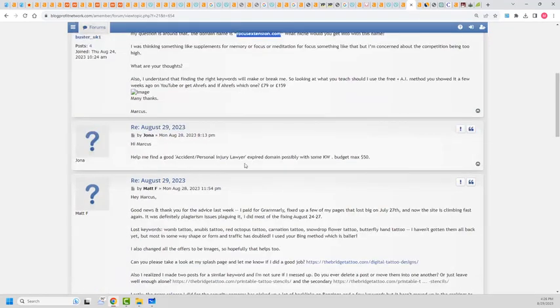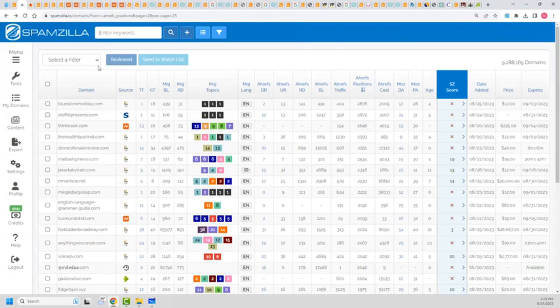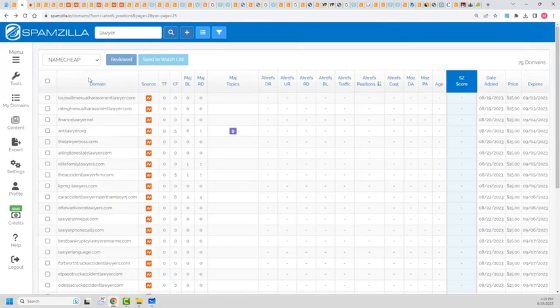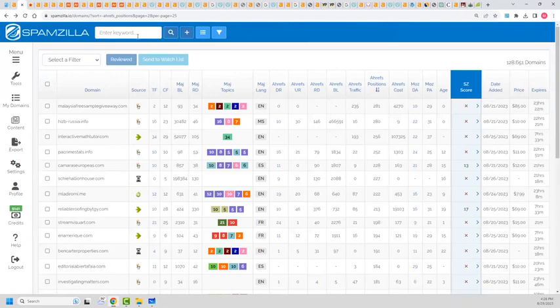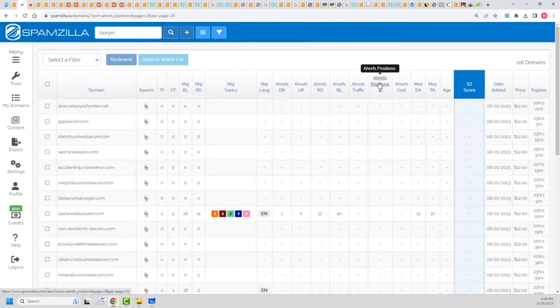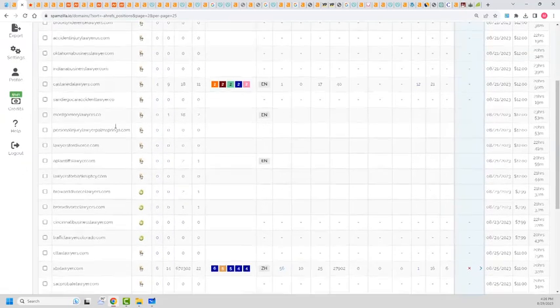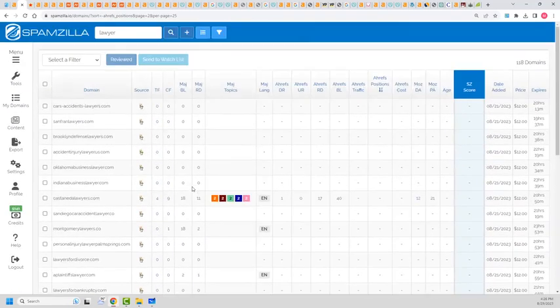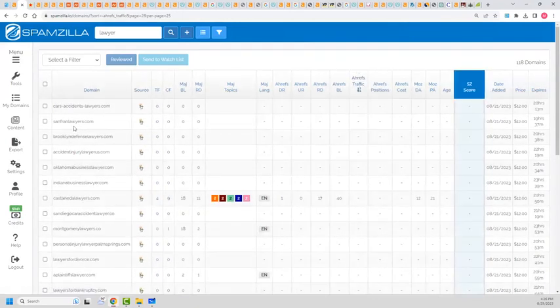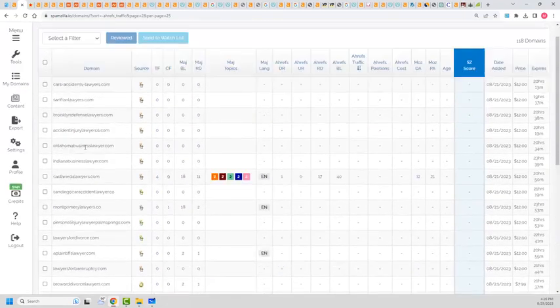Help me find a good accident, personal injury, lawyer domain with some keyword, max budget $50. Okay, that's an interesting request. So I'd probably go like this. It doesn't look like there's a whole lot there. You just have to go through these and find what you want.